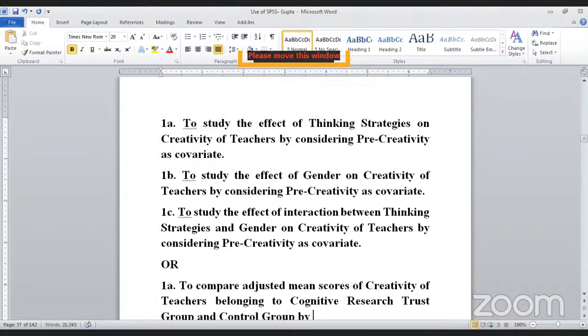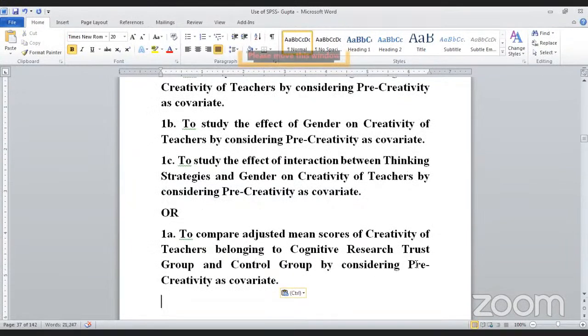By considering their pre-creativity as covariates.